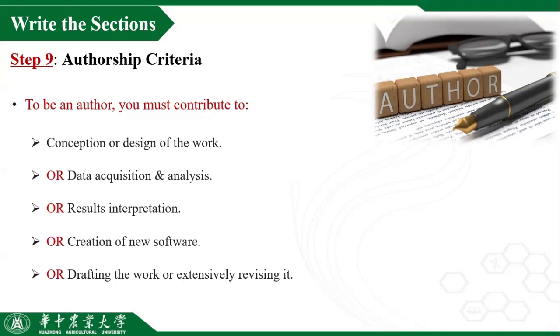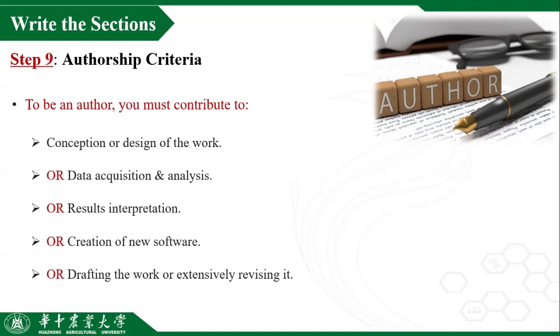Another one is data acquisition or analysis. You make interpretation of the results. You create software or use software to help your friend, or you did a really good job in revising your friends' papers. Like here in Wuhan, some supervisors give international students papers to revise.